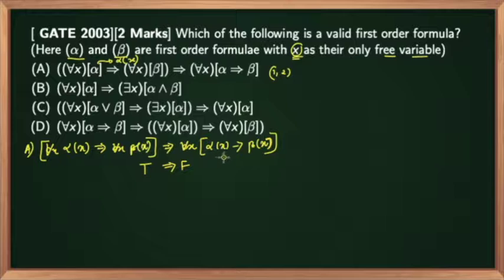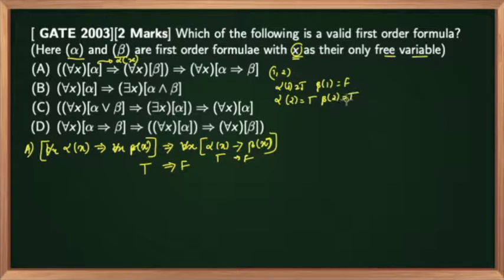So I need to have this side false. That means I need some truth assignment where alpha of x is true and beta of x is false. Then only will I be able to get false on this side. So let me take alpha of 1 equal to true and beta of 1 equal to false. You can have alpha of 2 equal to true and beta of 2 equal to true.